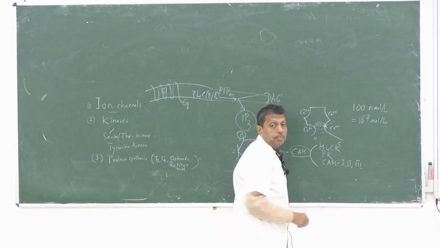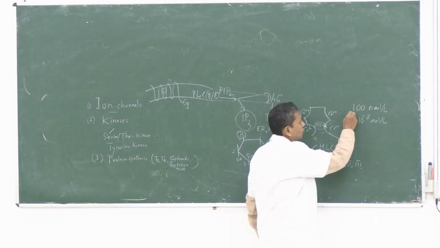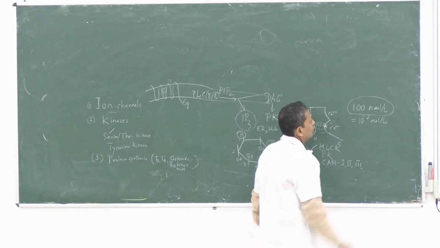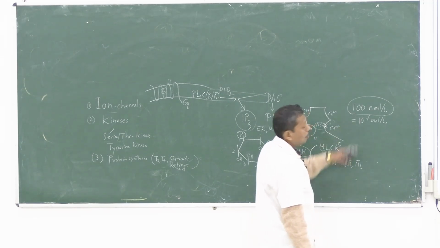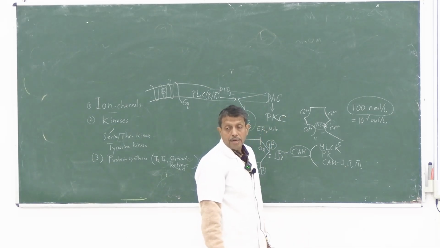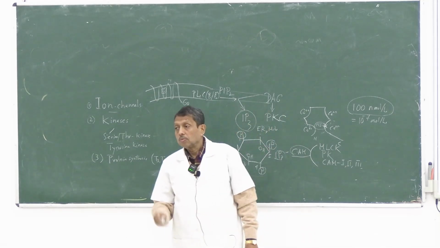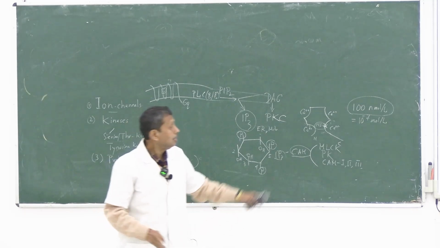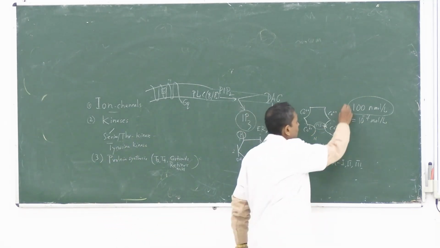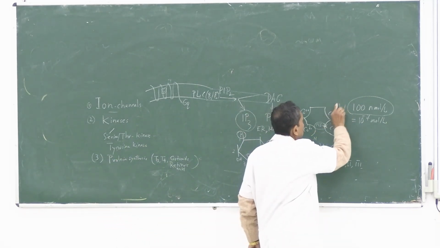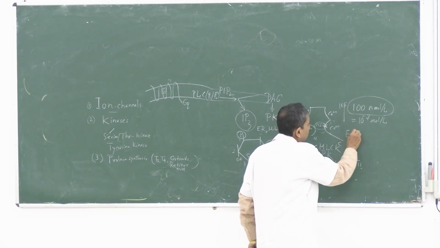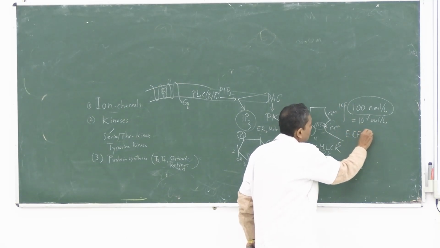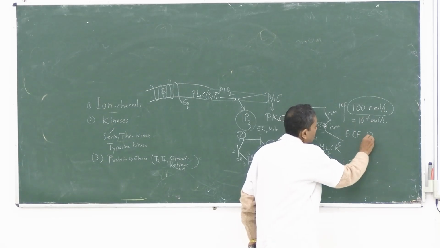The concentration in the extracellular fluid, ECF, is 12,000 times that of the intracellular fluid, ICF.